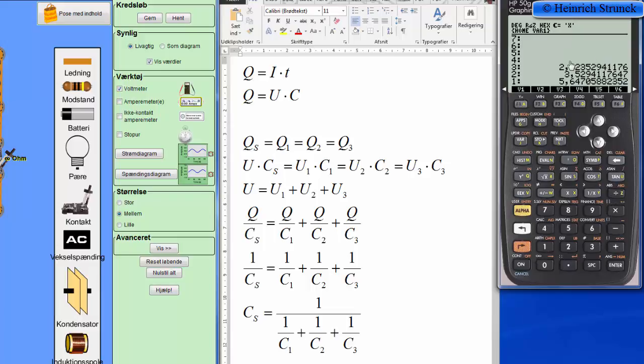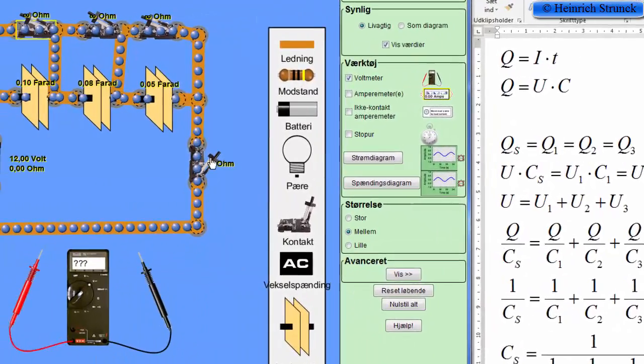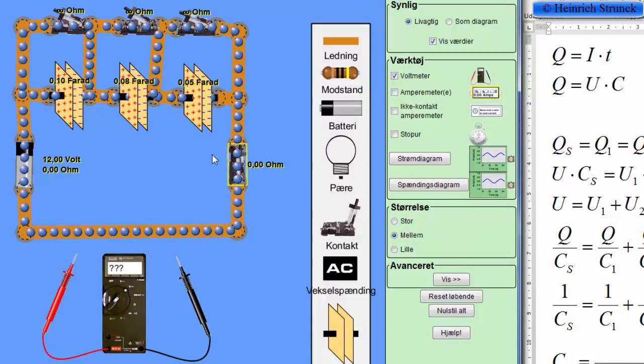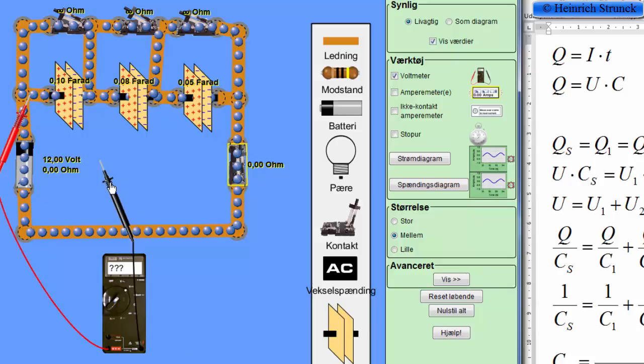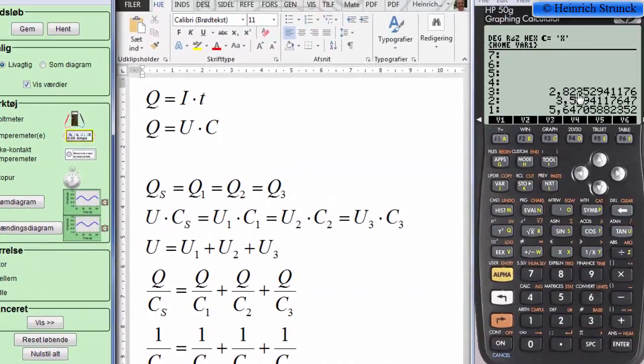So now we can control the voltage across the capacitors. When we just switch on the system, we can see all the capacitors are charged, plus minus, and we can measure the voltage. The first one, 2.824, 2.824, right?